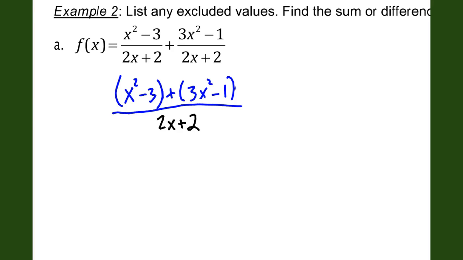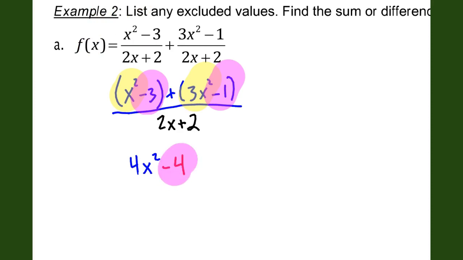Do all the factoring and all that stuff at the very end. Let's simplify the whole fraction first and then start factoring. So we have x squared plus 3x squared which equals 4x squared. We have -3 and -1, which is -4.